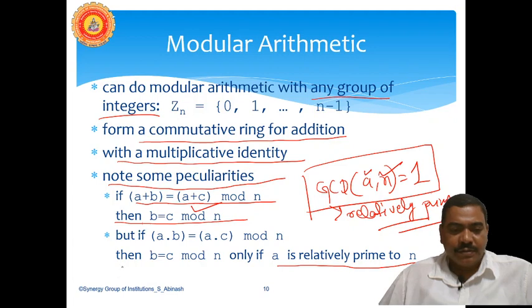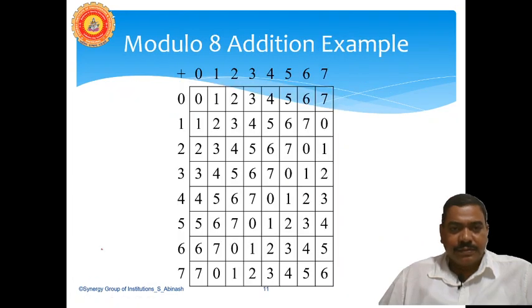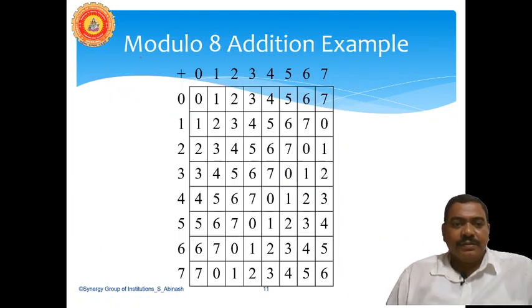So next, let's see the modulo 8 addition. For example, 0 plus 0 is 0, 0 plus 1 is 1, so 0 plus 7 is 7. Now 1 plus 0 is 1, 1 plus 1 is 2, 1 plus 2 is 3, 1 plus 6 is 7.